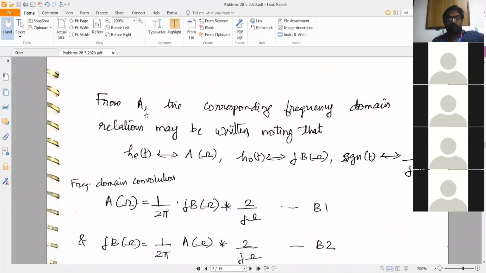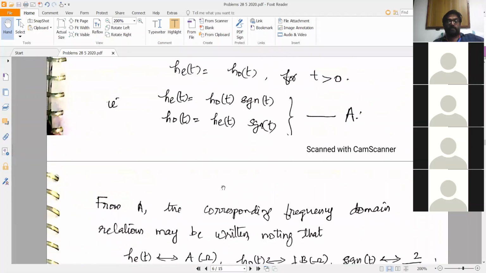Now, from A, the corresponding frequency domain relationships may be written, noting that h_e of t has got a Fourier transform given by A of omega, h_o of t has got a Fourier transform given by j B of omega, and signum of t has got a frequency domain representation given by 2 over j omega. So this becomes a convolution now.